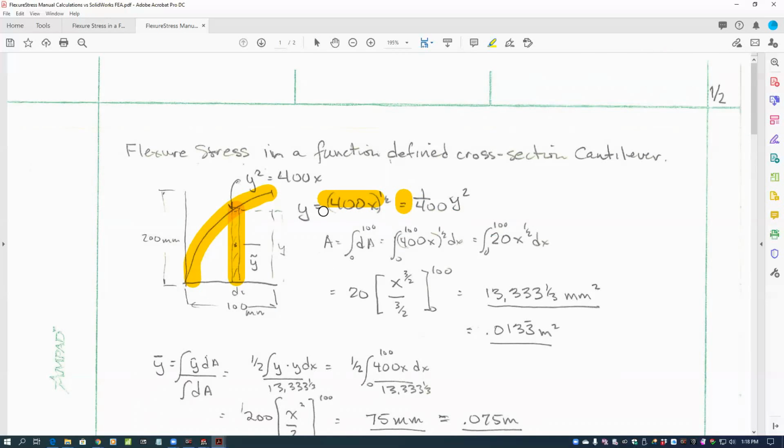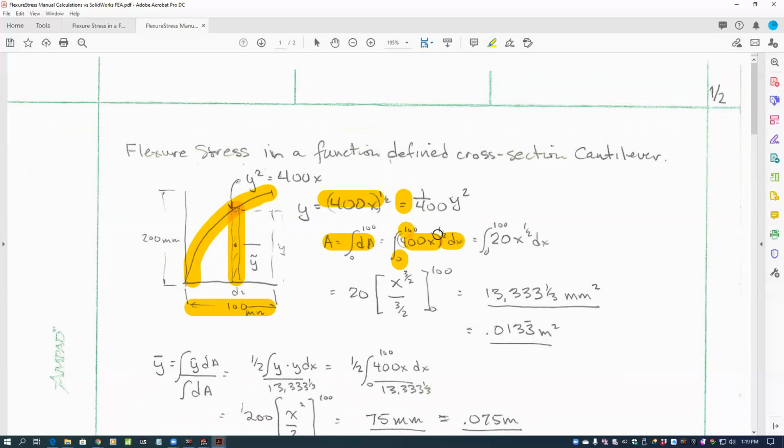So our area, using this function, our area is dA from 0 to 100. The length in this distance is 100. And dA would be y dx, and y is 400x to the 1/2 times dx. That's the area of the element. And then we go from 0 to 100.